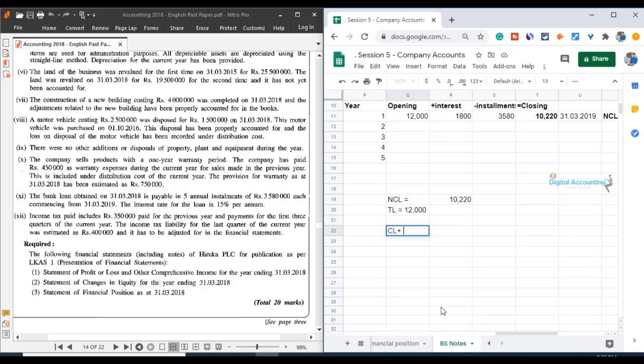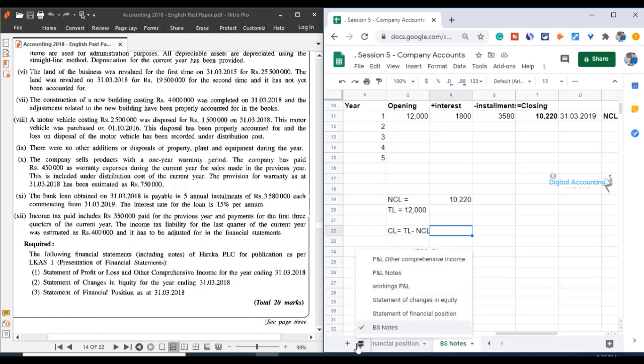The current liability we can calculate from the total liability by taking away the non-current liability. So the total liability is 12,000, take away 10,220, so 1,780 is the current liability portion.